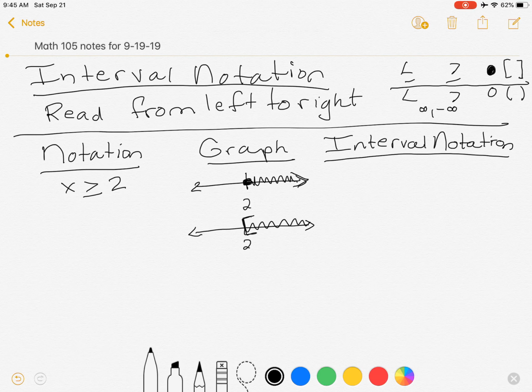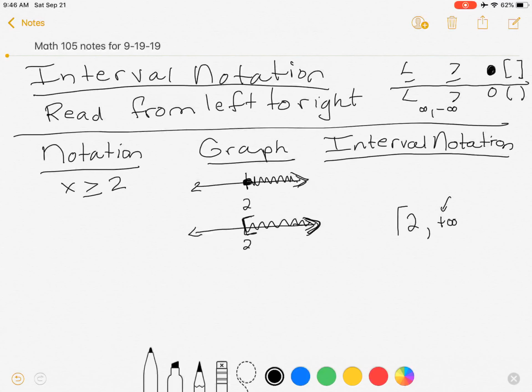This graph starts at 2, but it keeps going and going and going like Buzz Lightyear to infinity and beyond. So it's going to positive infinity, and you don't need to write the positive sign on My Math Lab. You can just put infinity. Now, looking at the 2, it's got a bracket on it.